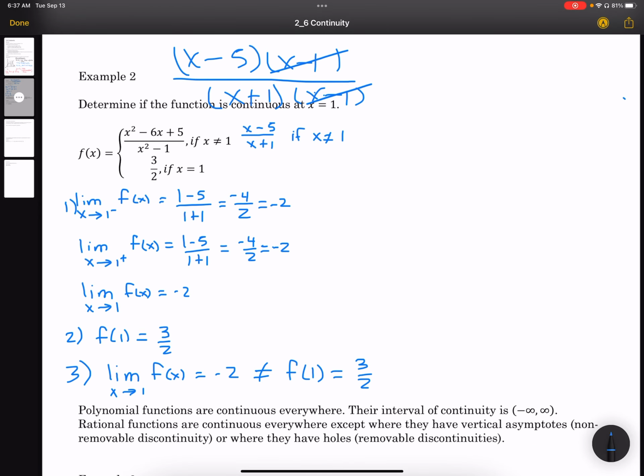So to determine if the function is continuous, we would say no, the limit as x approaches 1 for f of x is not equal to f of 1. And so this is how we would justify this not being continuous.